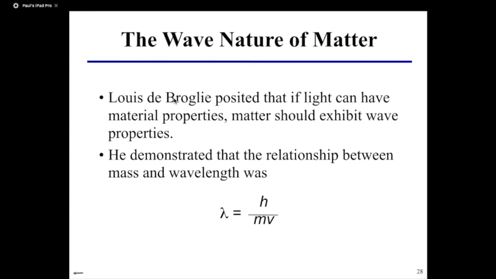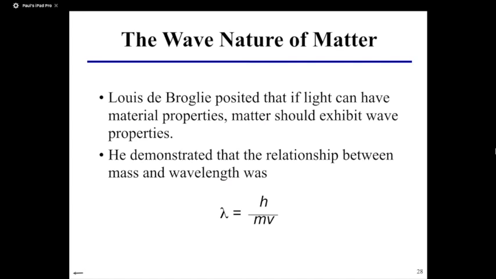So what happens in light or energy is that it travels in two different ways. It travels like a light in waves, but there's also a particle there. And so there's a way to calculate the wavelength for every particle that is moving.